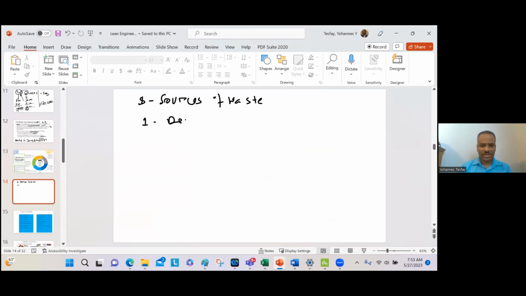Defect, isn't it? Defect. So what does defect do? If there is a defect, then the result is what? Either scrap, or rework, or use as is.